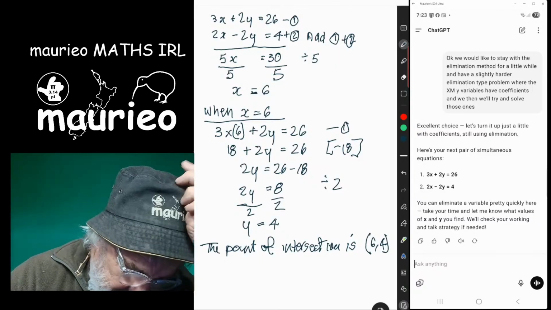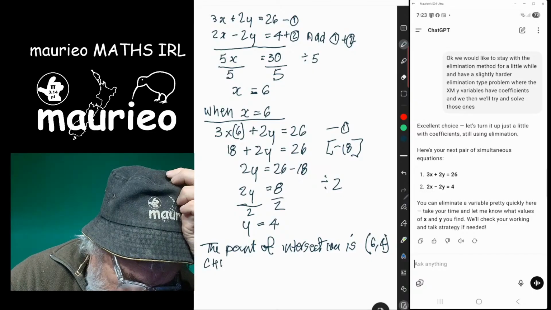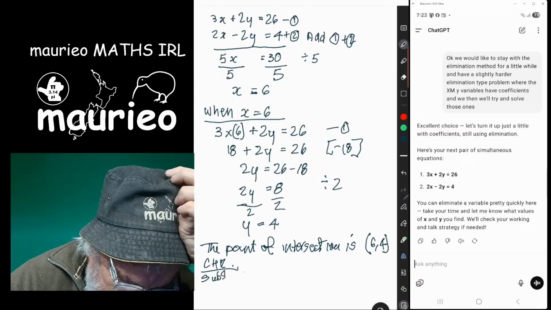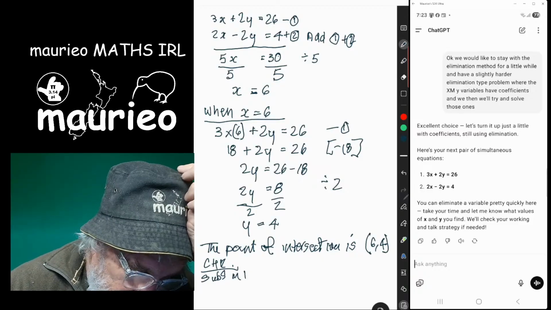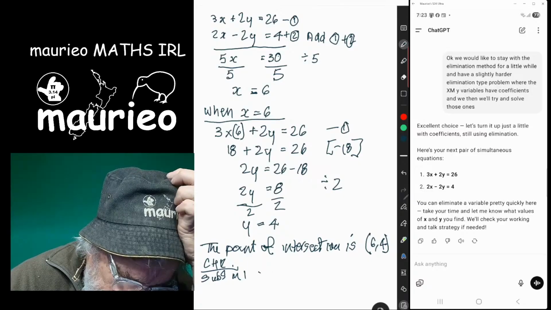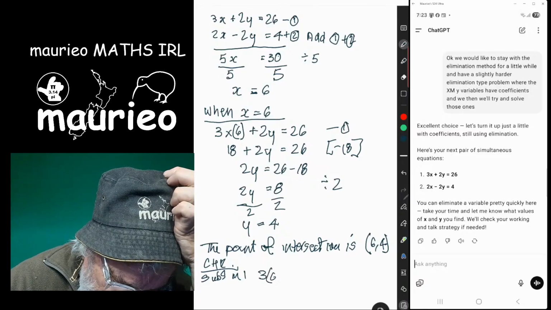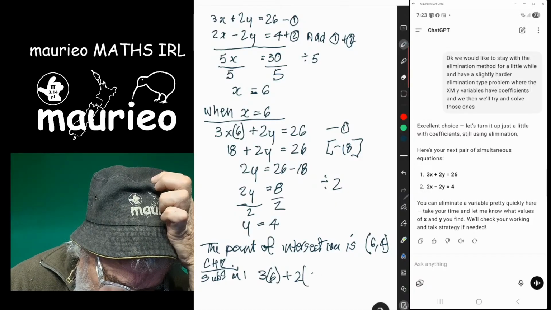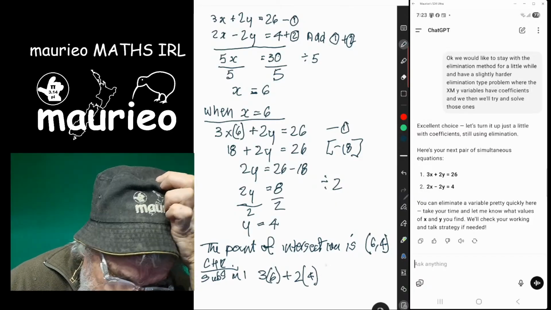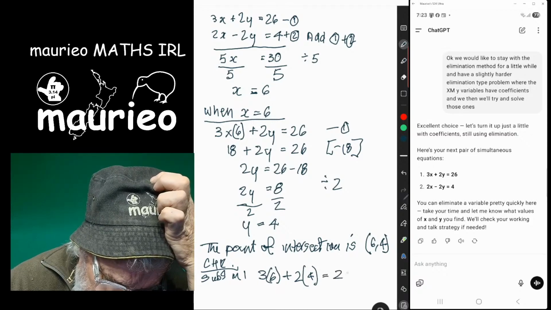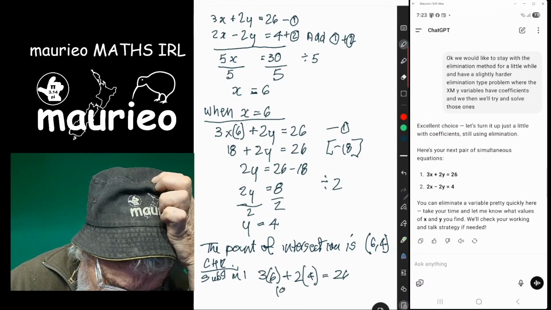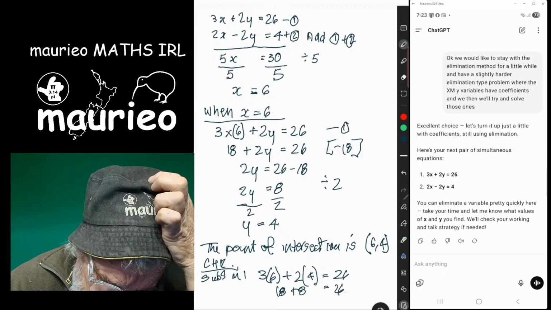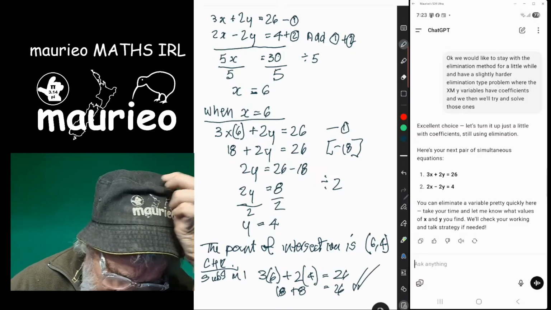Okay, now let's just do a check. So we'll substitute in 1. So 3 times 6 plus 2 times 4 equals 26. 18 plus 8 equals 26. That's all good.